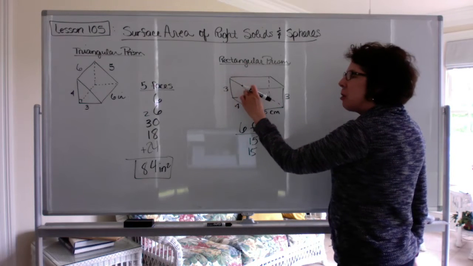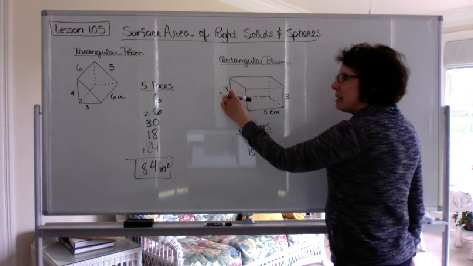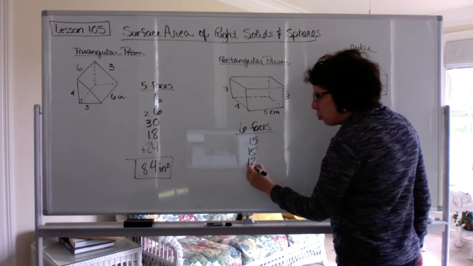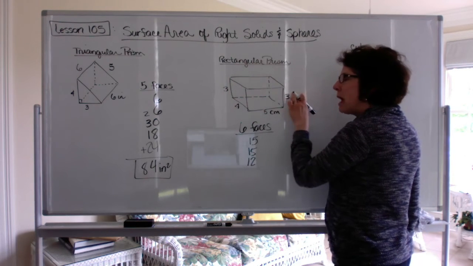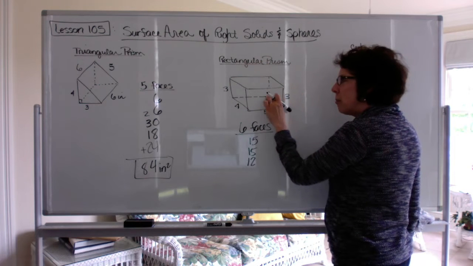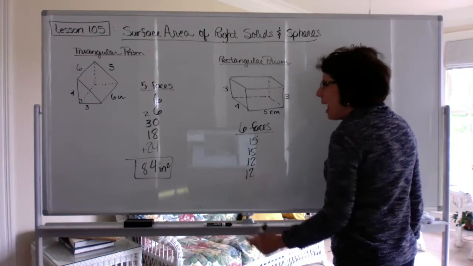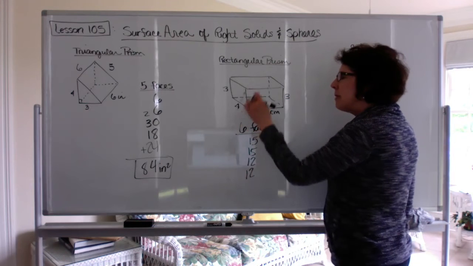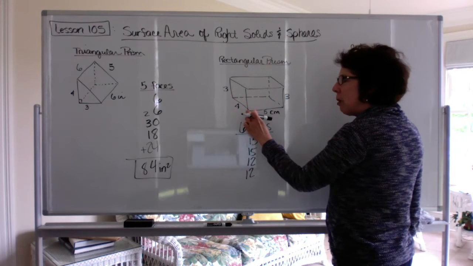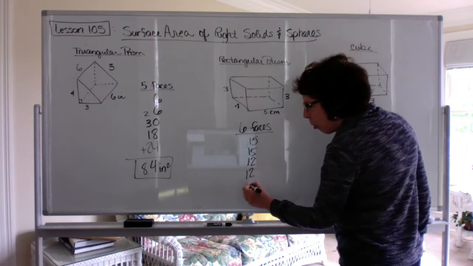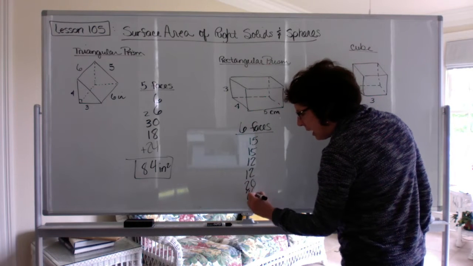The face on the left is a 3 by 4, a 12, and it has a matching one on the right side that is also 3 by 4, a 12. What's left is the very bottom and top rectangles, and both have an area of 4 times 5, or 20. So I've got a 20 and a 20.